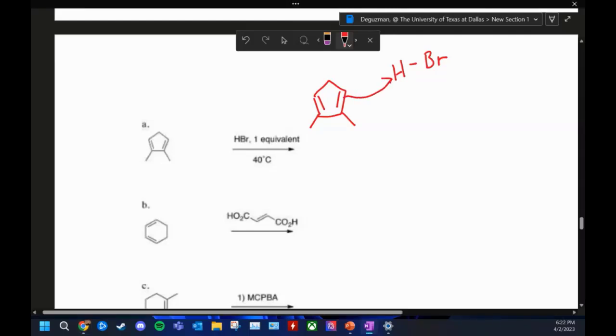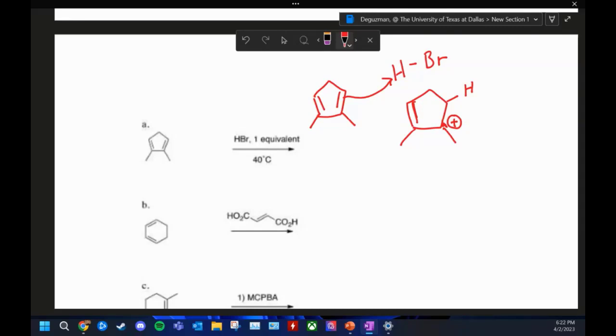Let's say it'll take the H, right? H is the positive part of HBr. So remember, we always want to make the most stable carbocation. So the H will end up over here, and our carbocation will be in this tertiary position.